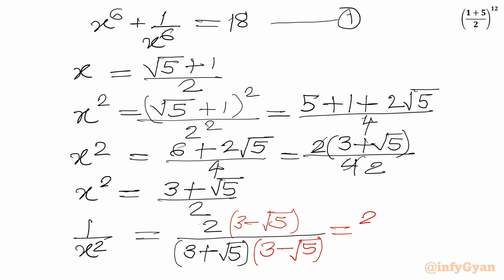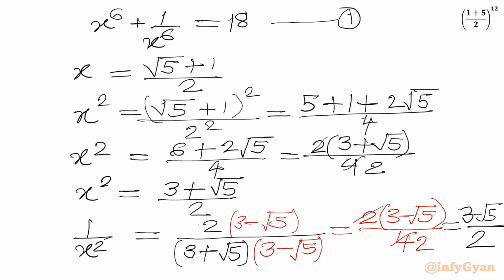Now I can write equal to 2 times (3 minus root 5) over (3 square minus root 5 square). 9 minus 5, so 4. Now 2 and 4 will cancel, and the denominator will be 2. So I can write 1 over x square will be equal to (3 minus root 5) over 2.